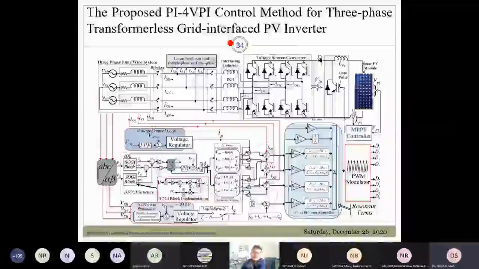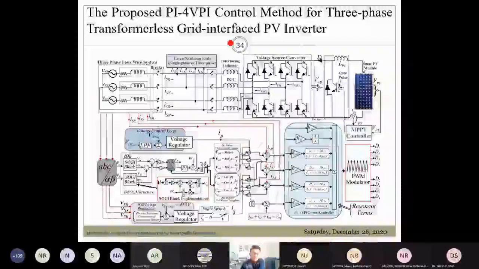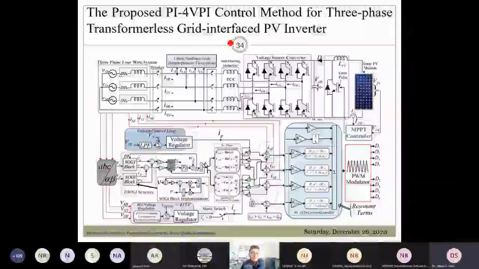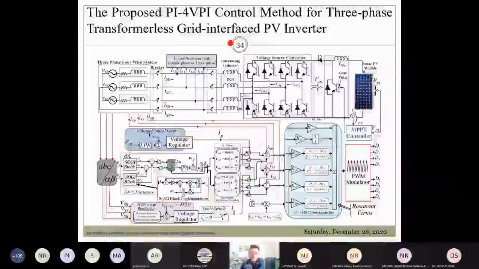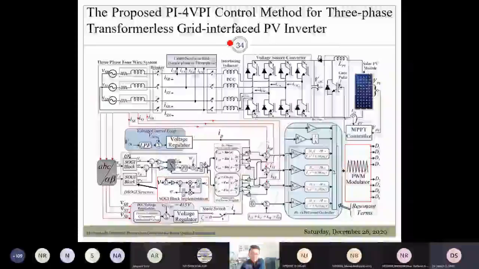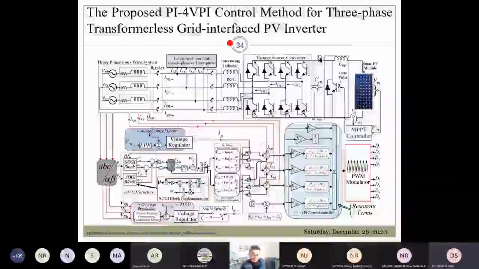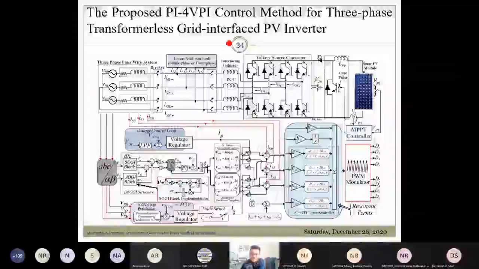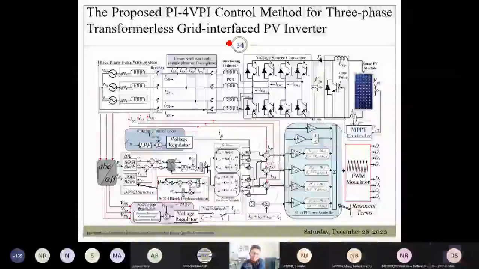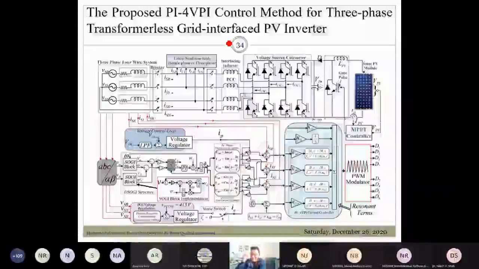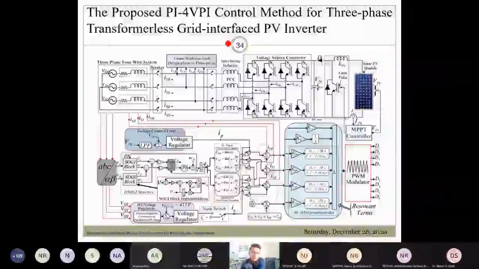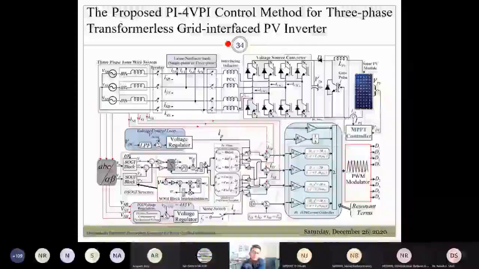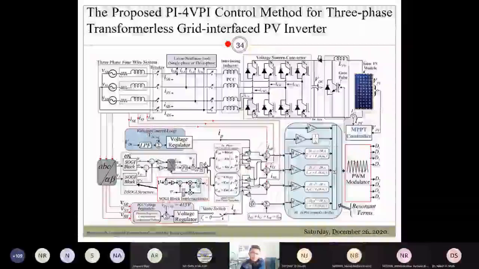Okay, so initially I have used this DSpace 1104. So your question is why I had to switch from this DSpace 1104 to STM32. Yes, this was your question. Actually my work primarily emphasizes this DSpace 1104. But one of my colleagues was already working on this STM32, and he had already explored it.